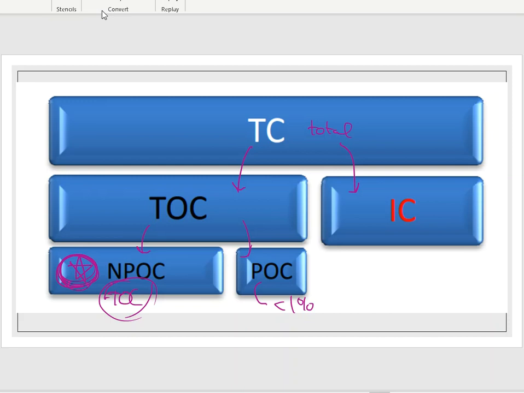So when I put a sample onto this instrument, my sample will run through the instrument automatically, but my data only represents non-purgeable. It does not represent anything else on the screen. It does not represent purgeable organics. It does not represent the inorganic carbon.